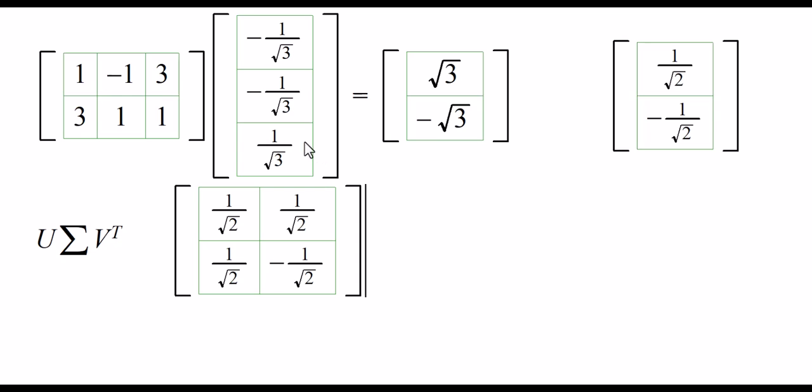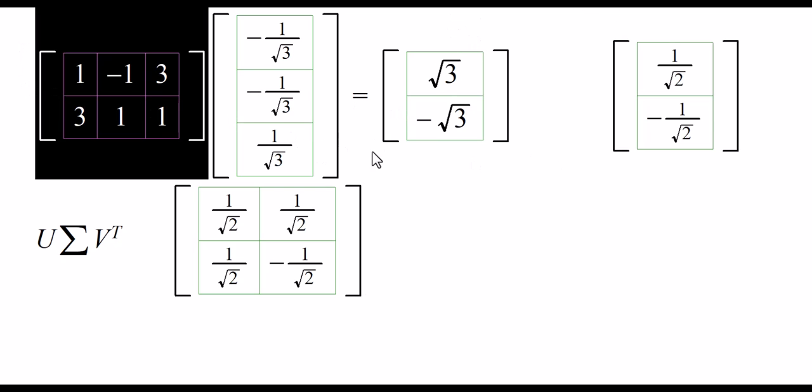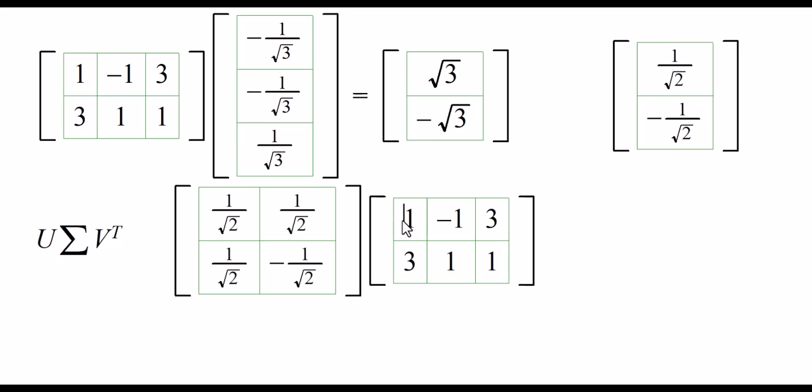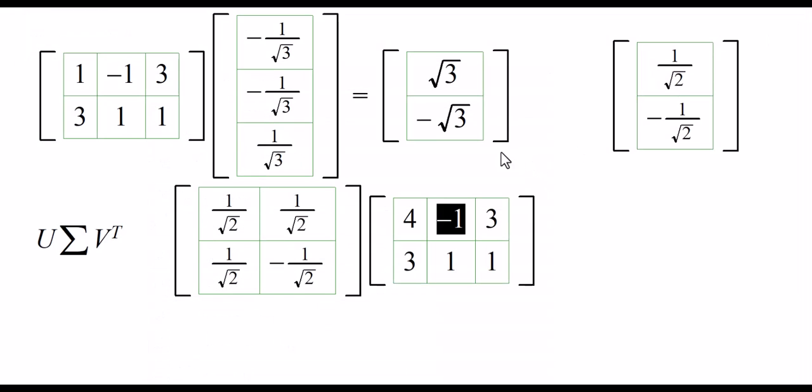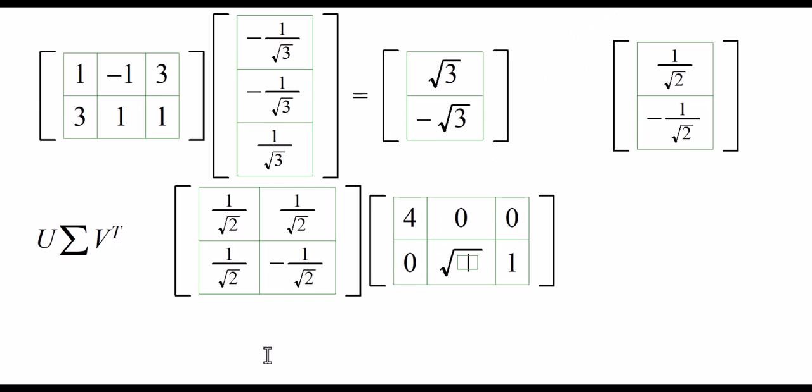Okay, and in the middle what we will have is a matrix of this size, and here I will write 4, the first singular value, and these columns are what? 0, 0, and here I have 0, and then I'll have square root of 6.